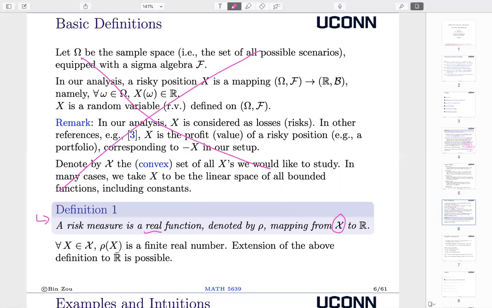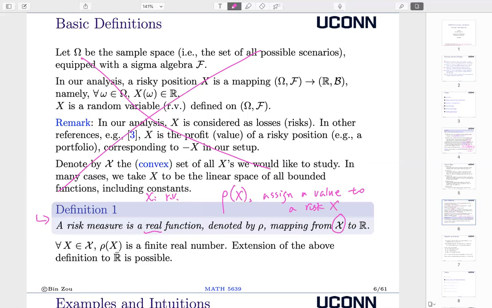So basically, the idea from the mathematical viewpoint is very, very simple. A risk measure is a function, or a functional, if you want to call it. It maps from a random variable, because risk is a random variable. So X is a random variable. So basically what it does is to assign a value, a real value, to a risk X.